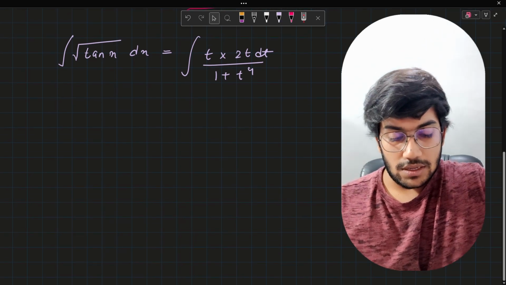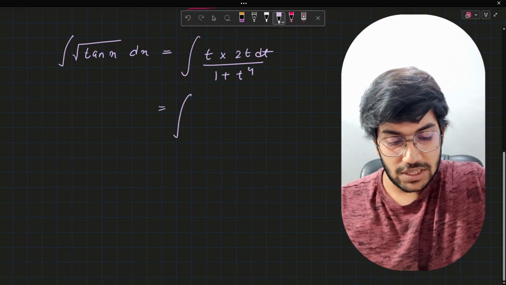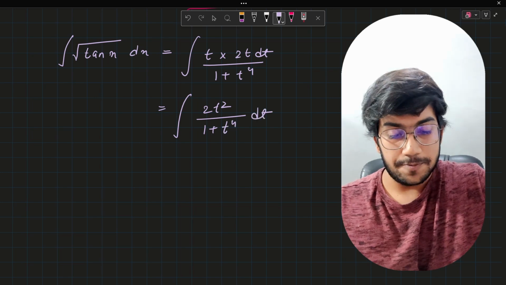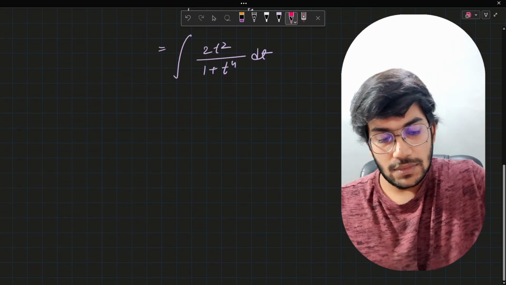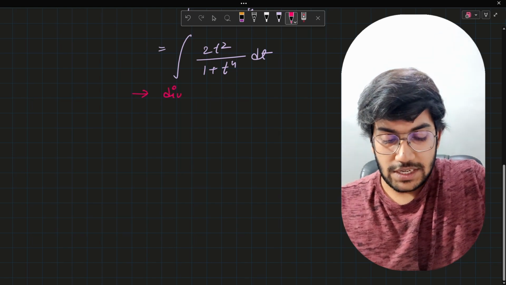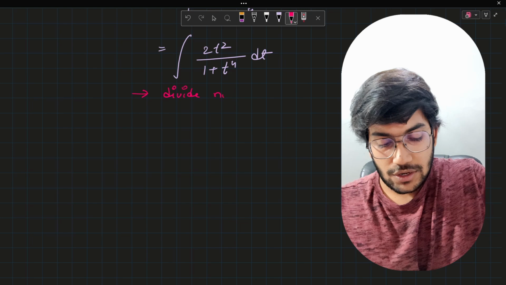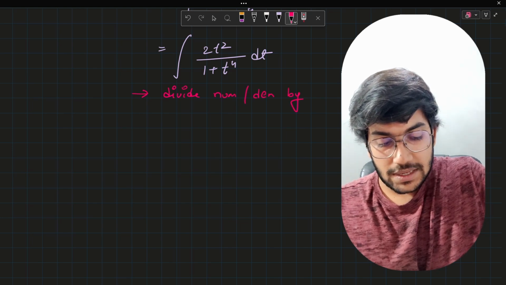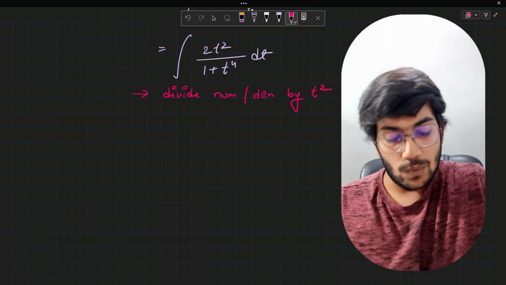Let's simplify this. We'll get integral of 2t square dt over 1 plus t to the power 4. Now what we'll do is divide numerator and denominator by t square.